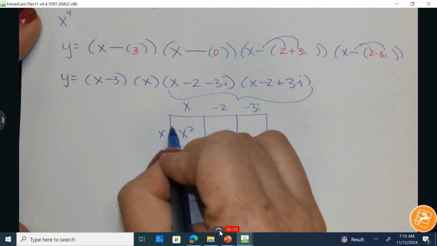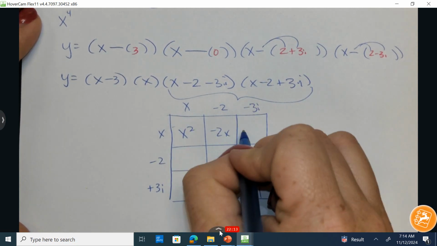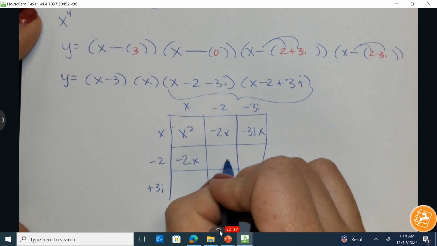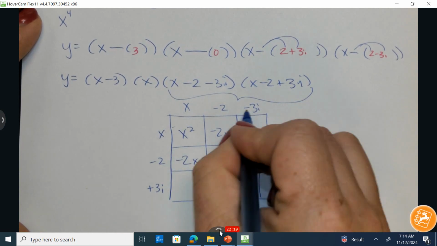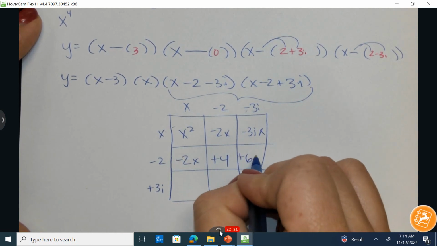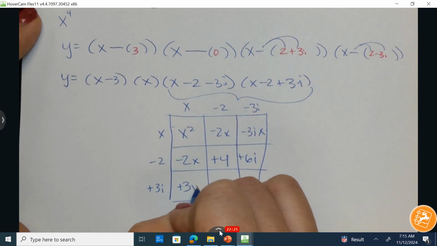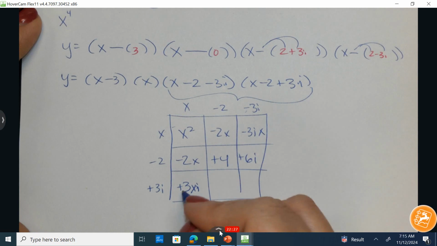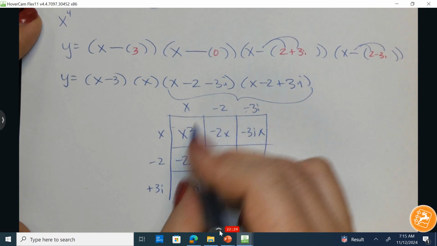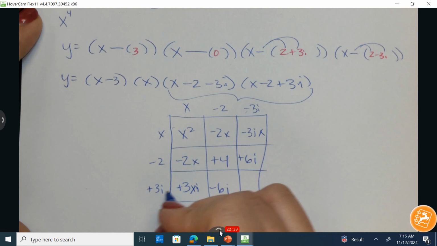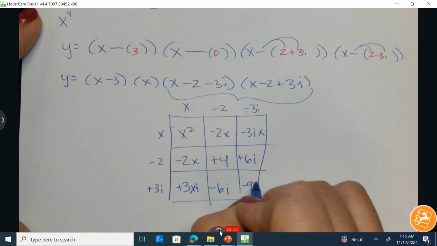Multiplying to get x squared, negative 2x, negative 3ix, negative 2x, positive 4, positive 6i. Then we have a positive 3xi. The order you put the x and the i in doesn't matter as we're doing this quickly. Minus 6i, and negative 3 times positive 3 is negative 9i squared.